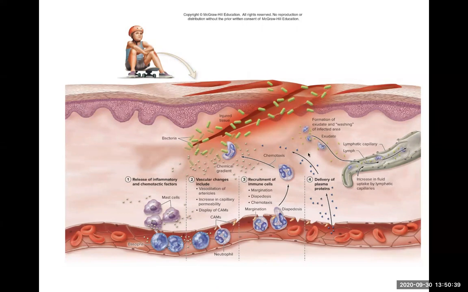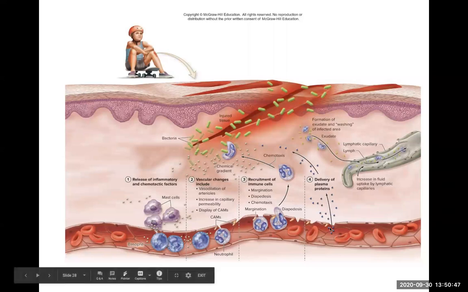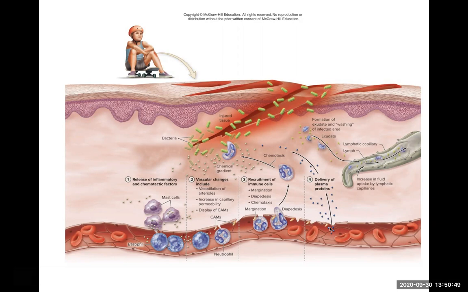Then they will follow the chemical trail to the site of injury or infection. And at about the same time, you get the delivery of various plasma proteins like antibodies, complement, kinins, and clotting factors to that site to also help aid in the removal of the pathogenic substance that has gotten into the tissue as a result of the injury.